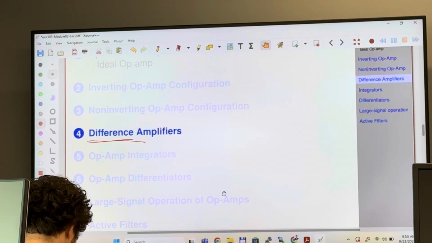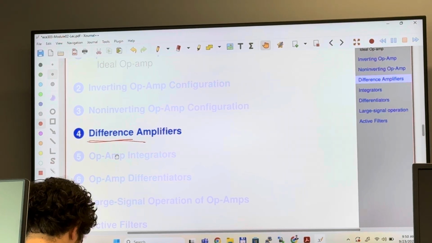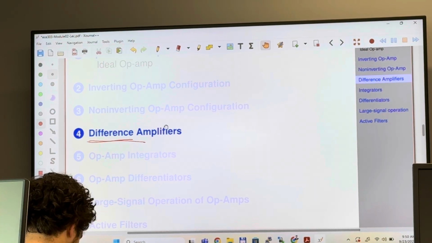It's that simple. So these difference amplifiers will amplify the signal that is the difference between two inputs, and will reject signals that are common to both inputs. The signals that are common to both inputs are considered noise, and we want to reject that noise.